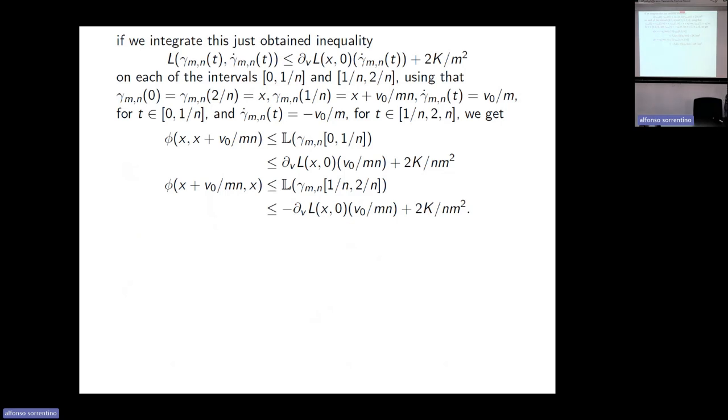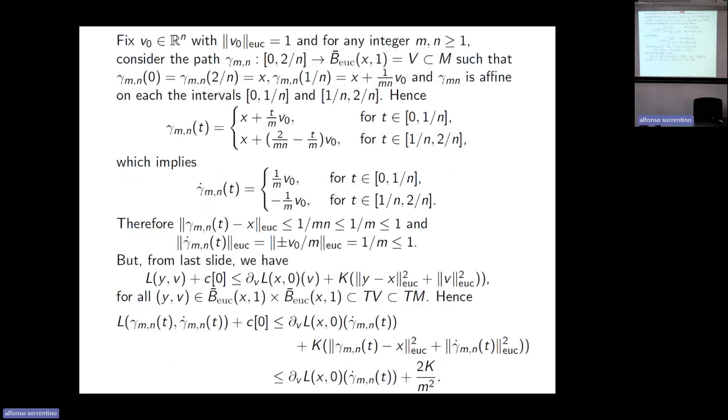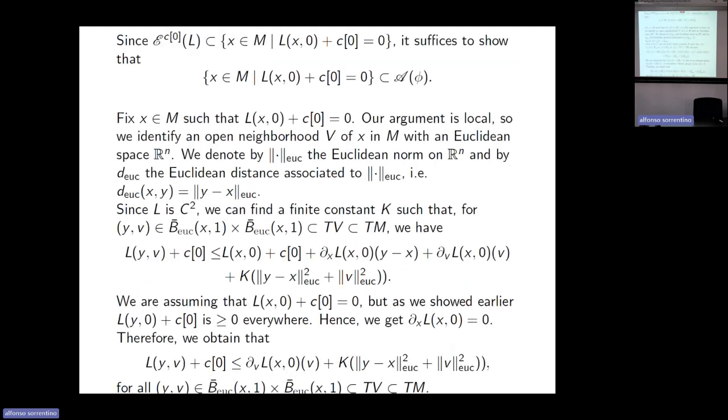Oh, no, no, no. Yes, that's correct. And here, what I did bound, here it's not L of gamma, gamma dot, but it's plus C0. Let me just show you. Let me get back to show you that I'm not cheating here. So this is bounded by the linear term plus the second order term. Okay?